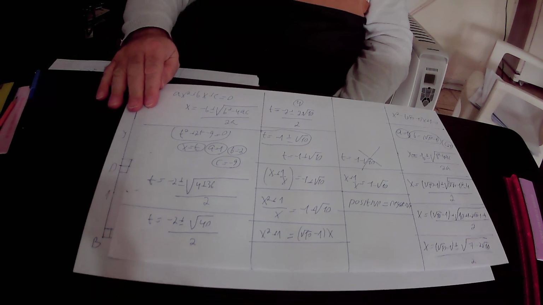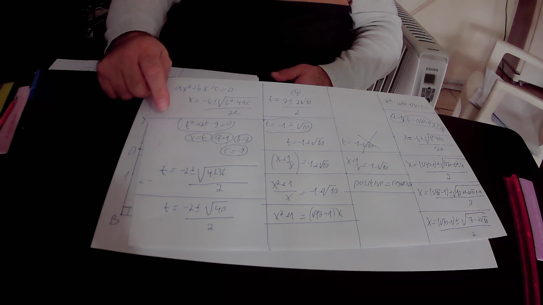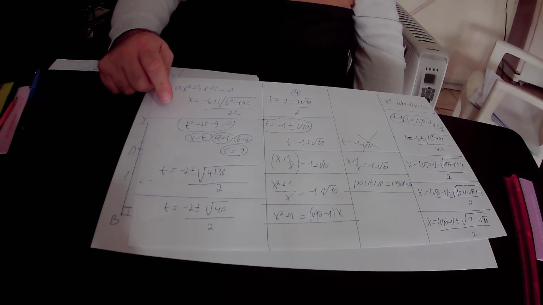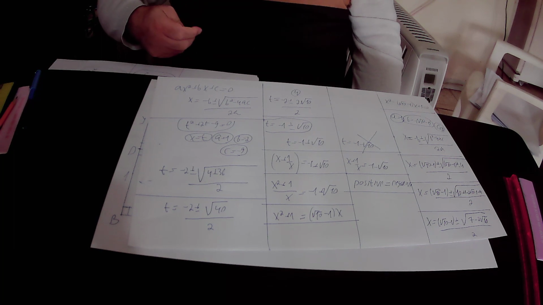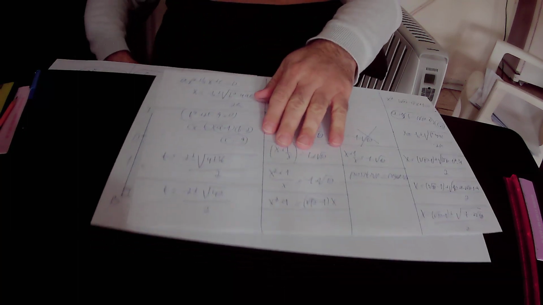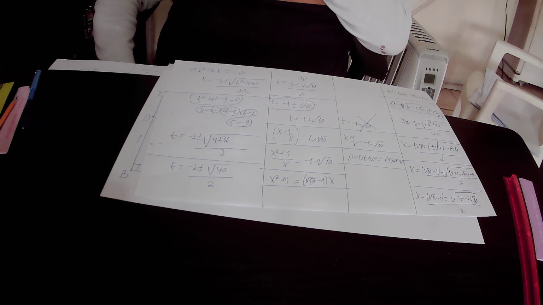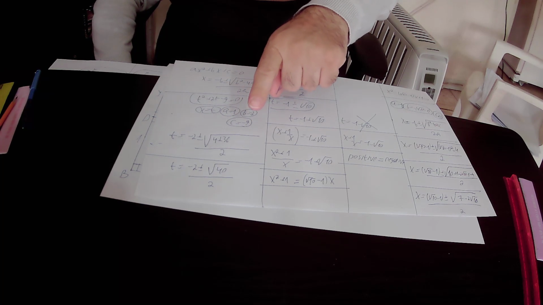So we put the data inside the formula, and we found that t equals minus b. b is 2, so minus b is minus 2, plus minus square root of b squared. b is 2, so b squared is 4, minus 4 times ac, c is minus 9, so minus 4ac is plus 36, all divided by 2. So t equals minus 2 plus minus the square root of 4 plus 36, which is 40, over 2.